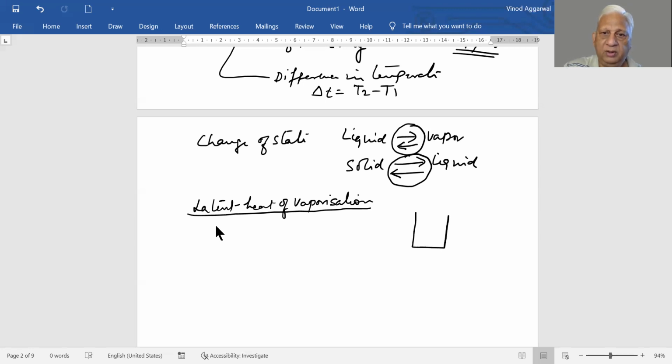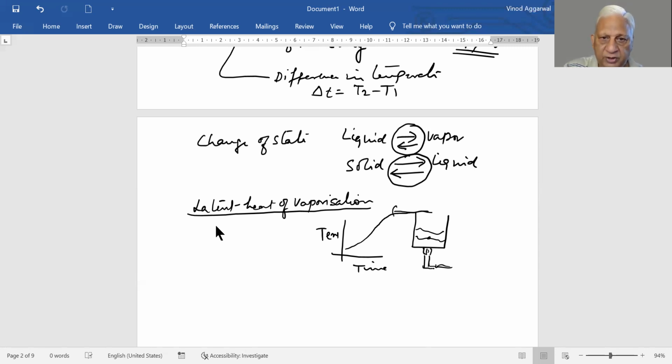If we take water in a vessel and heat it, what will happen? Its temperature will rise. If we plot, let us say, time versus temperature, its temperature will rise, and then at a certain time, it will stop going any further.